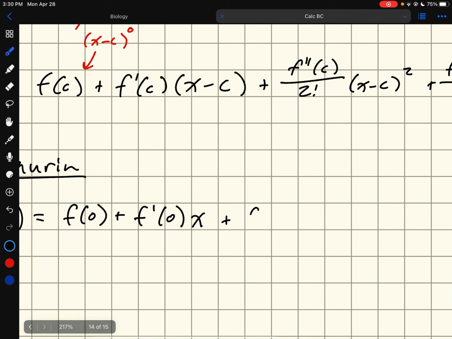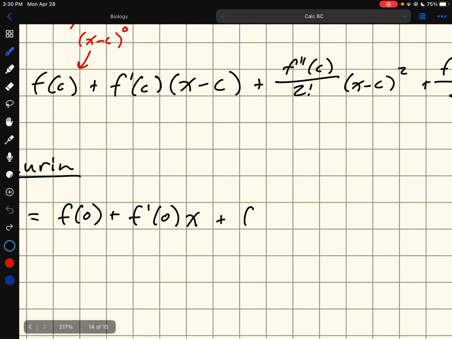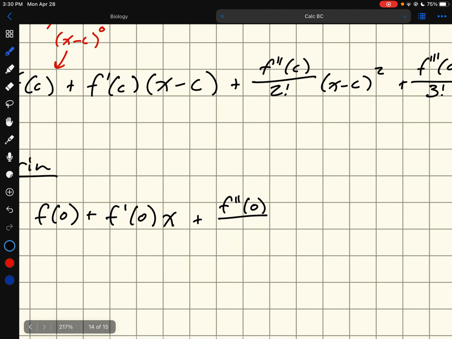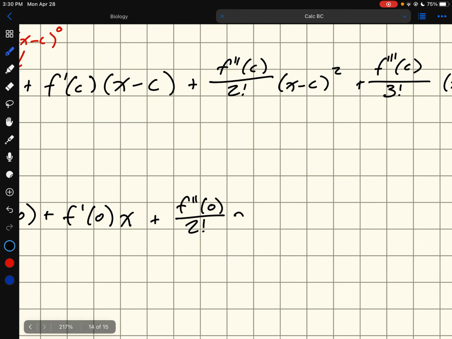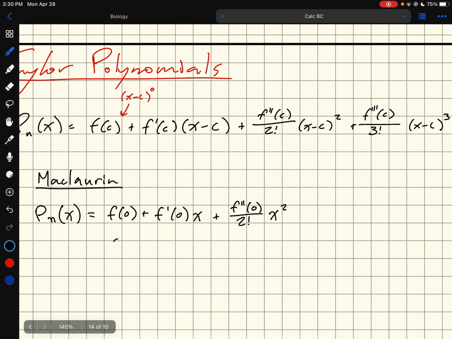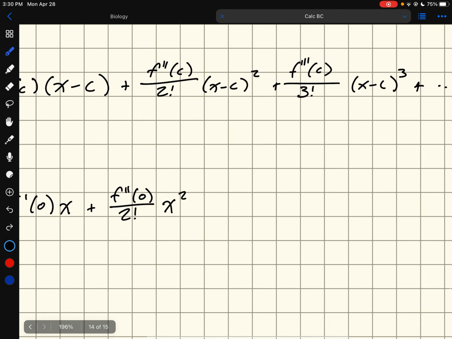Then our next term: take another derivative to become f double prime of 0, increase the factorial by 1 to 2 factorial, and then increase the exponent of the x by 1. So the Maclaurin polynomials look a lot simpler than the Taylor polynomial.